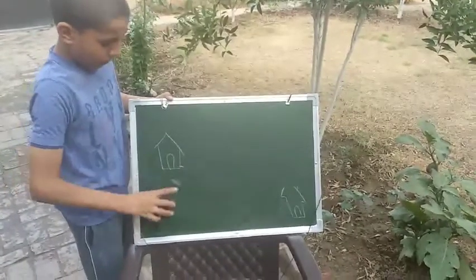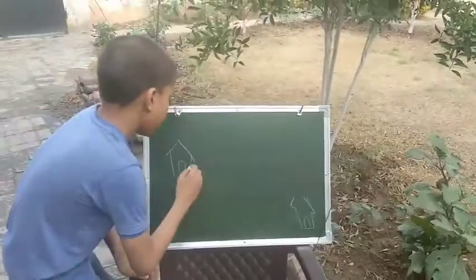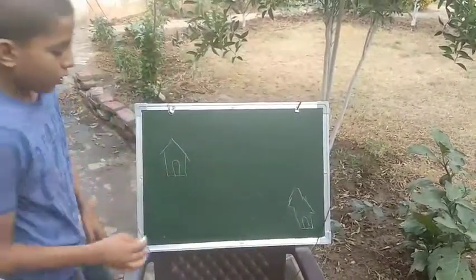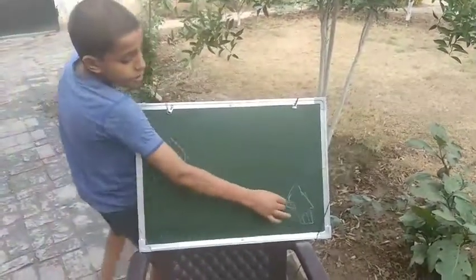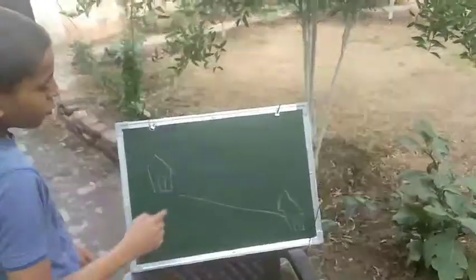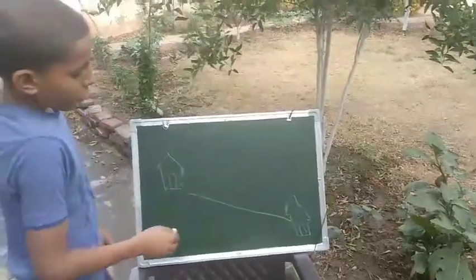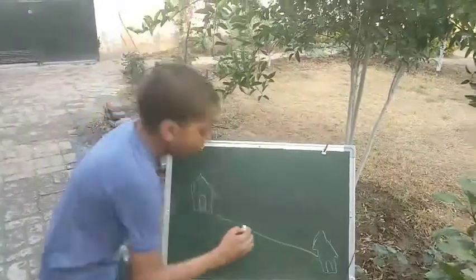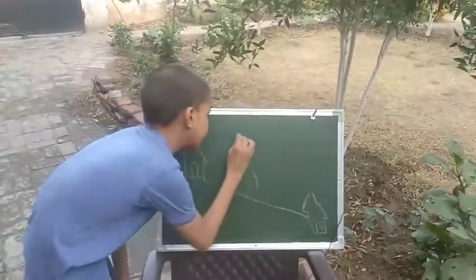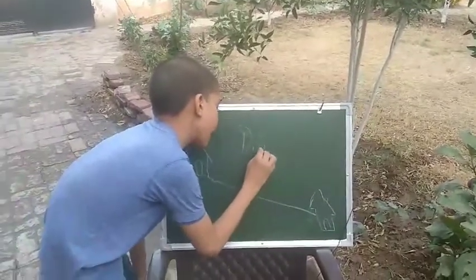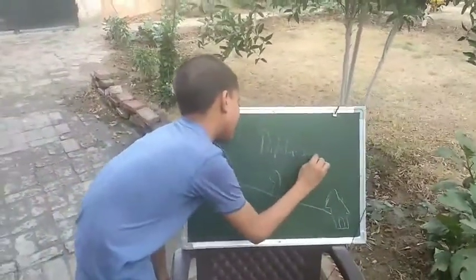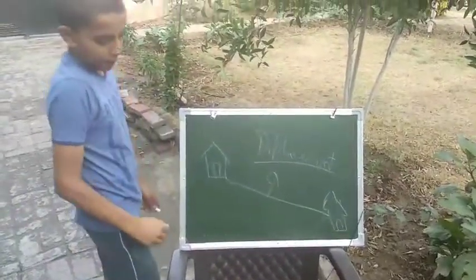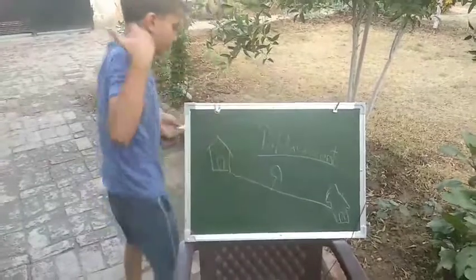So if I make this a straight line to your house, this straight short line is known as displacement. Okay.